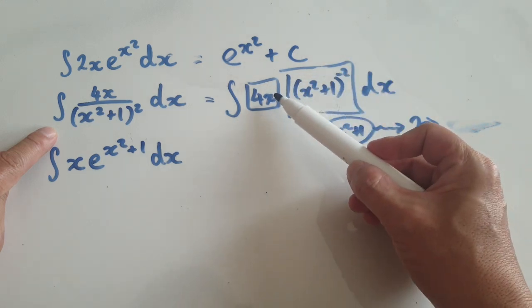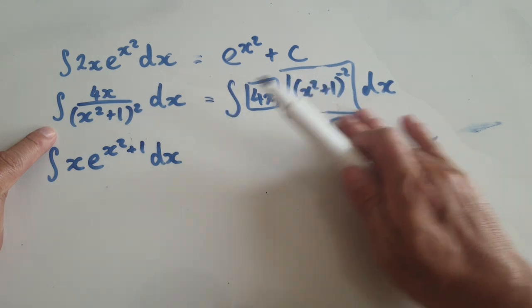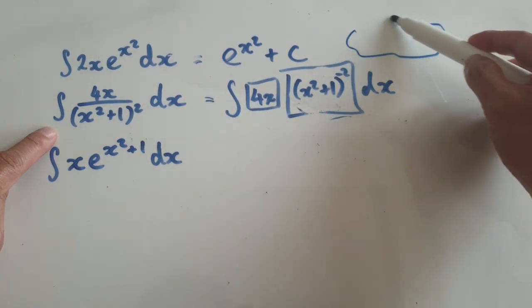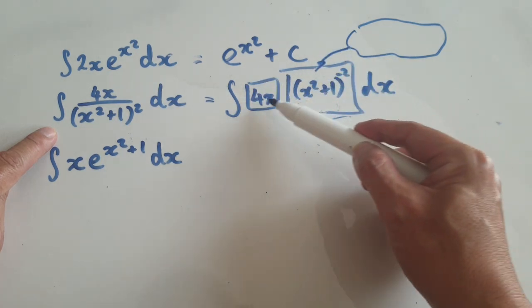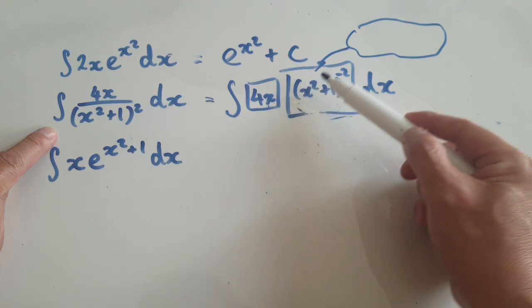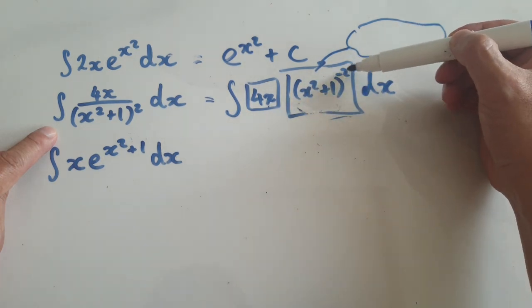So when you come to integrate this, make this to be your initial guess. So remember, you're looking for something out there in such a way that when you differentiate it, it gives you this whole thing here. And notice that this is a derivative of this thing. So when you make this to be your initial guess, it's always one notch higher.